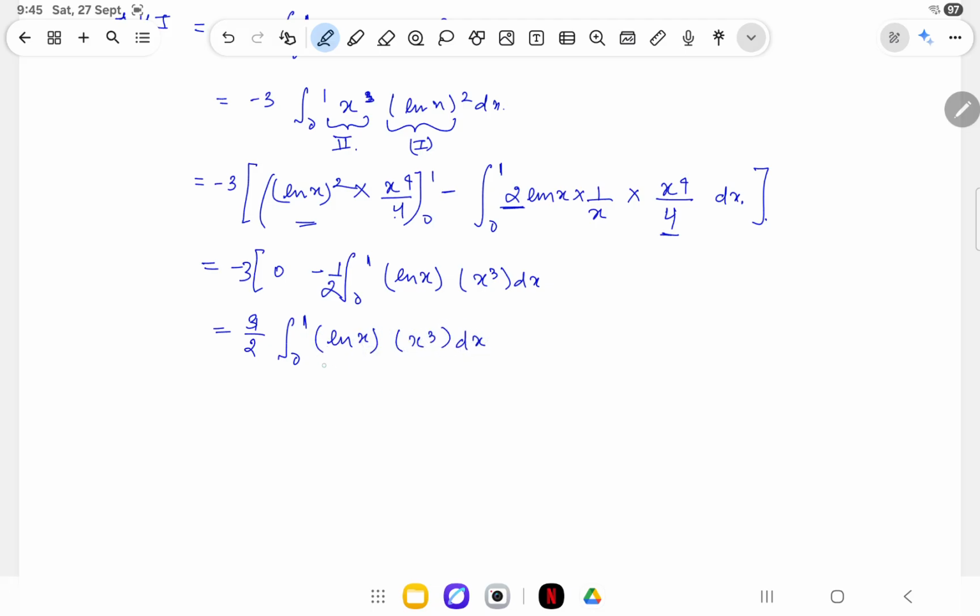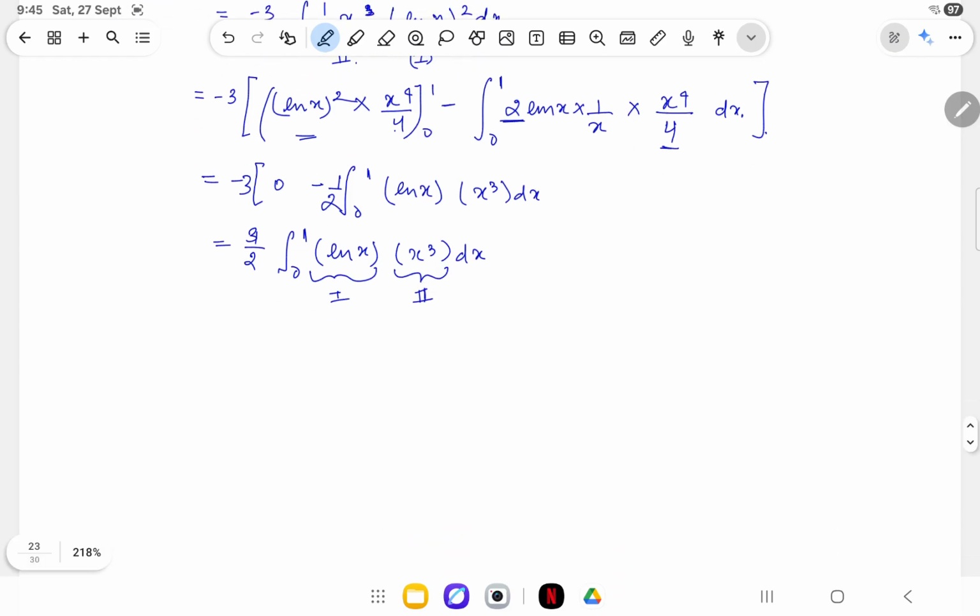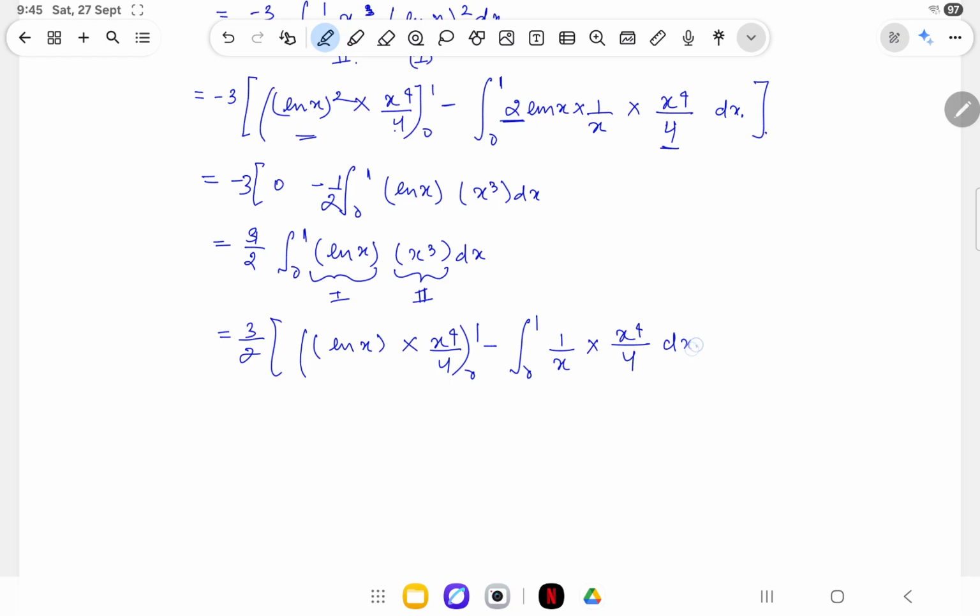Now if I assume this as first function and this as second function, and again use integration by parts here, we'll get 3 by 2 into first function same into the integration of the second function, minus the whole integration from 0 to 1 of the differentiation of the first function, that would be 1 by x, into the integration of the second function into dx.